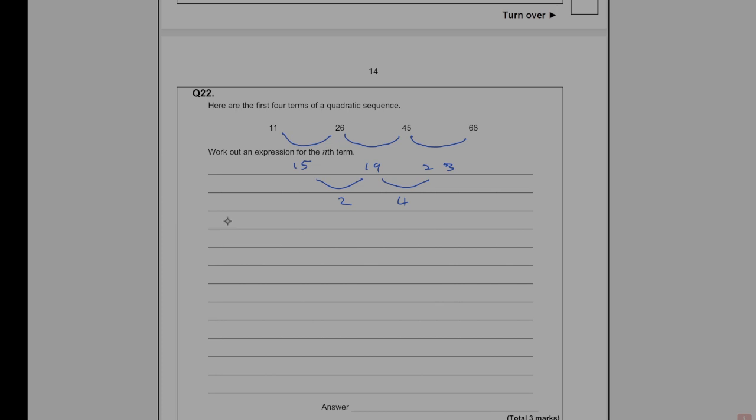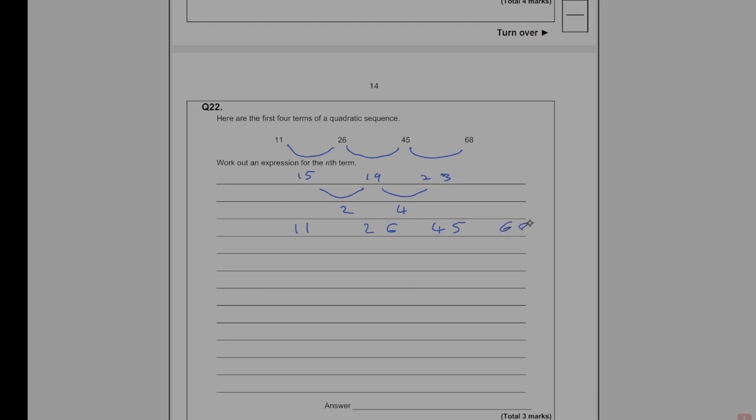So the way I'm going to do this is I'm going to write down my 4 terms, 11, 26, 45, and 68. Underneath it, I'm going to write down n squared. So that would be 1, 4, 9, and 16. Then I'm going to look at the difference. So I'm going to do the sequence minus n squared.